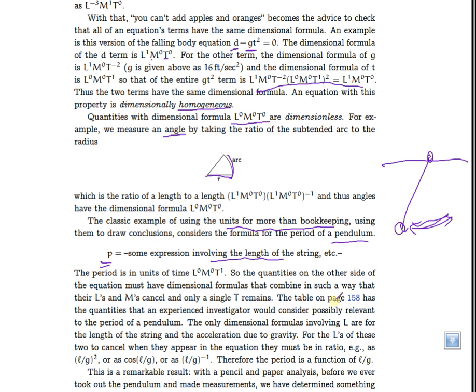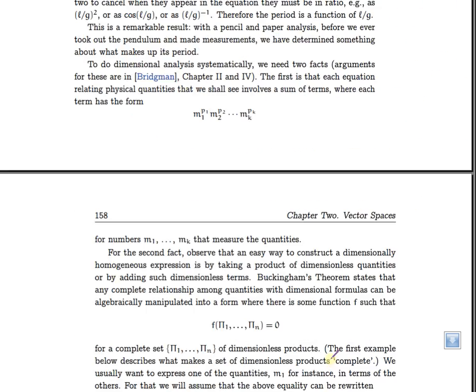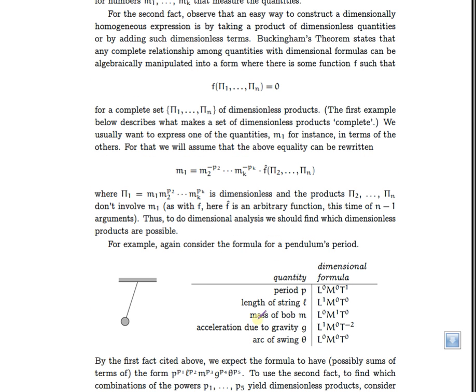Okay. So, for instance, if we list the possible physical quantities that could influence the period, there's a table on page 158. These are the quantities that we infer have some influence on the period of the pendulum, and their dimensional formulas.